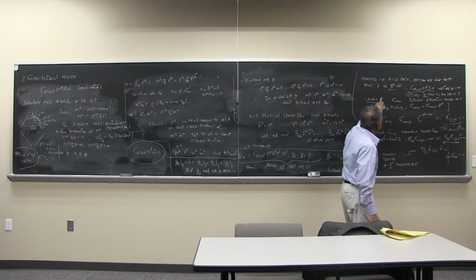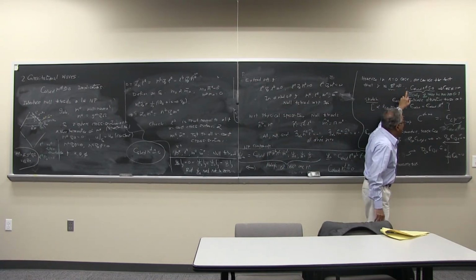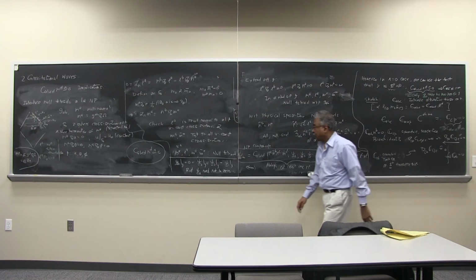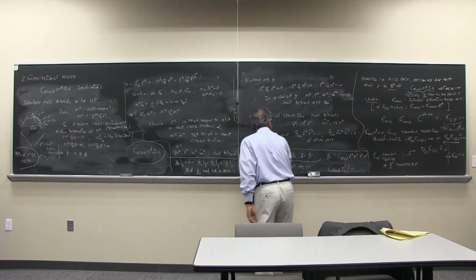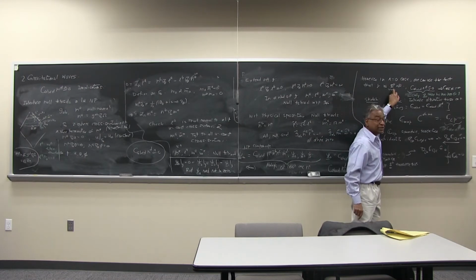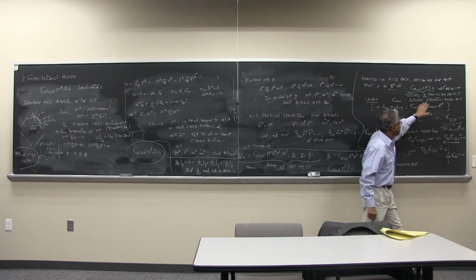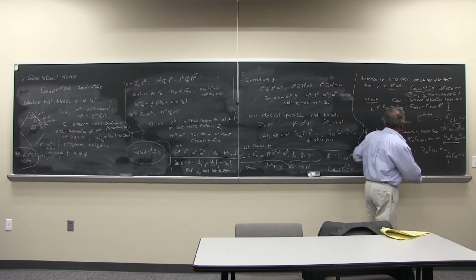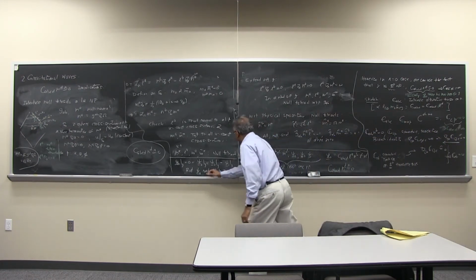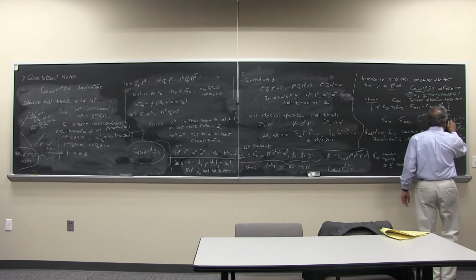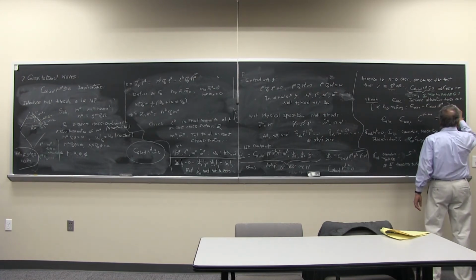However, if scri has topology S2 cross R, and if all of the components are 0, if psi 4 is 0, psi 3 is 0, psi 2 is 0, psi 1 is 0, and the topology is S2 up here, then this psi 0 is very constrained. So the content of this psi 0, these are the components, this quantity up here is precisely psi 0.